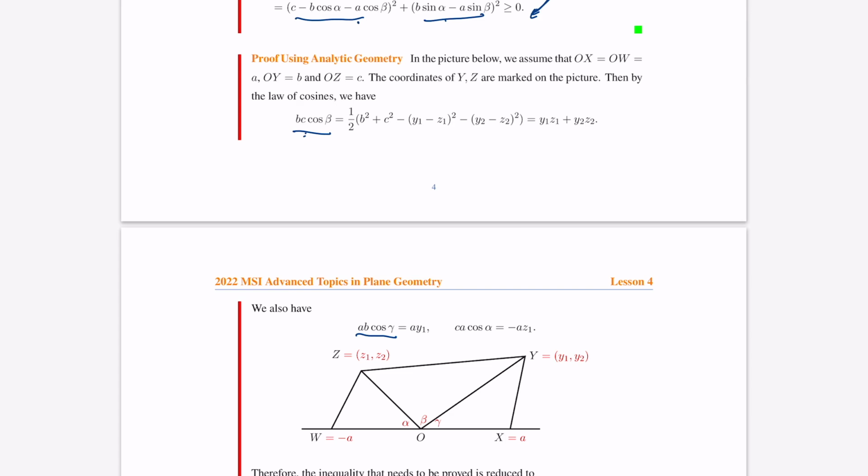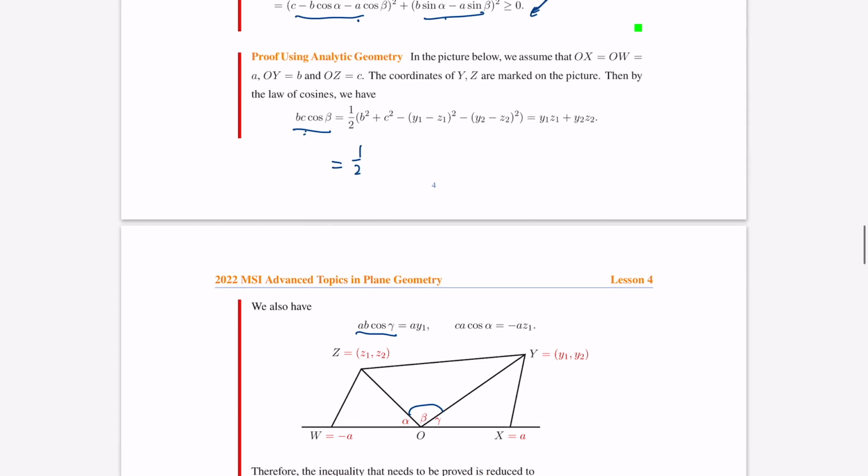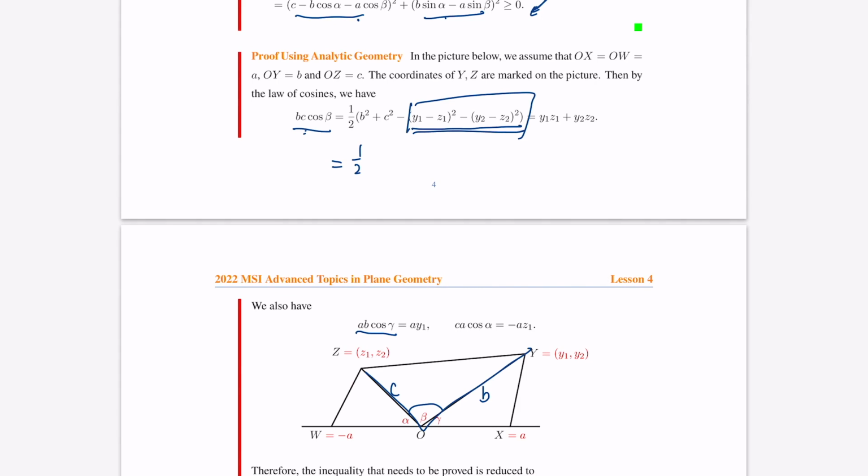Let's say BC cosine beta, I can use law of cosines again. So this would be equal to half of b squared plus c squared minus this length squared, and this length would be equal to this guy, right? In this triangle, this is b, this is c, this is something whose square is this, because we have coordinates. And so this is law of cosines.